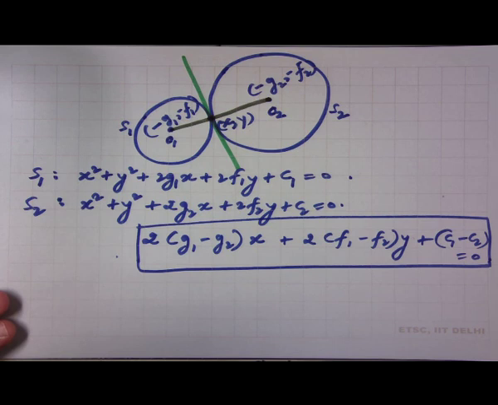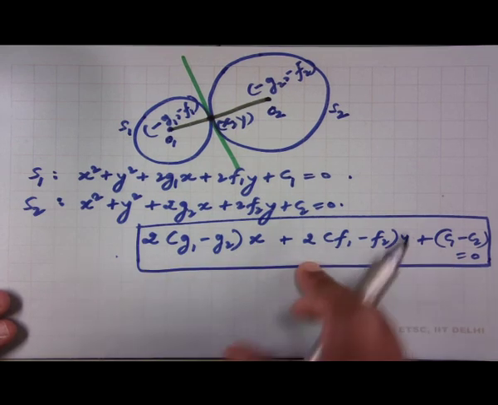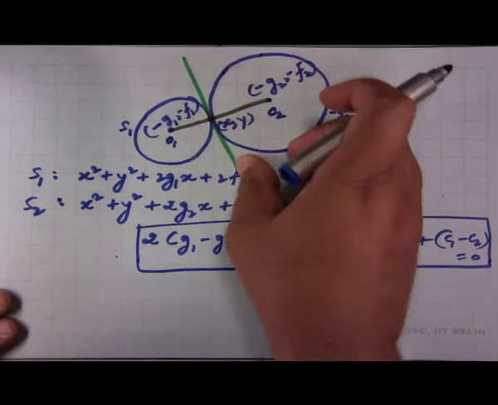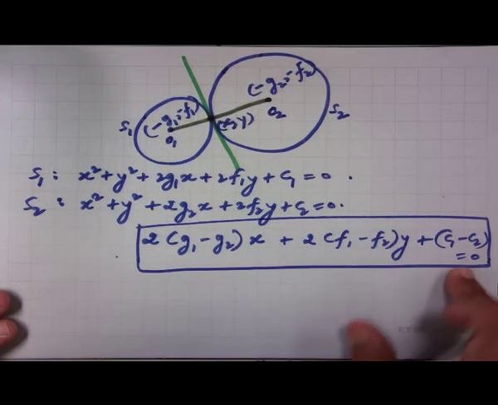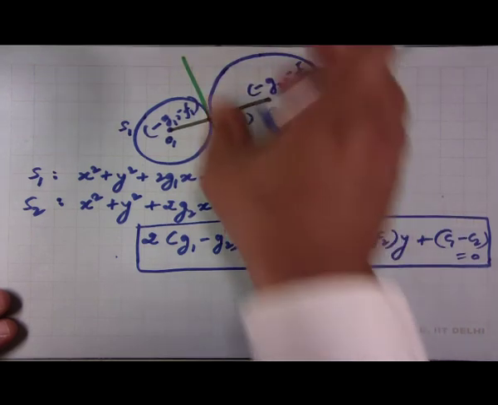But what needs to be checked is whether the slope of this equation, if this equation has to be the equation of this tangent, must be equal to the slope of this tangent.